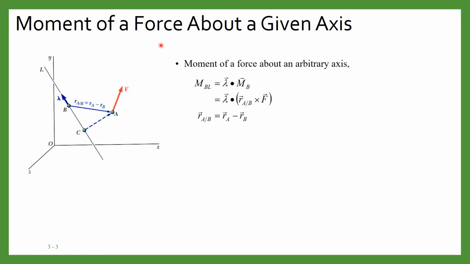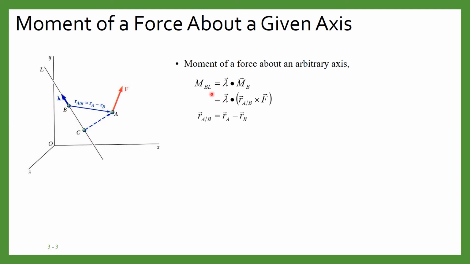Now suppose you want to calculate the moment of a force about some arbitrary axis. Suppose this is your force F applied at point A, and this is the origin, and we want to calculate the moment of this force about this axis. Suppose we denote this axis by BL.